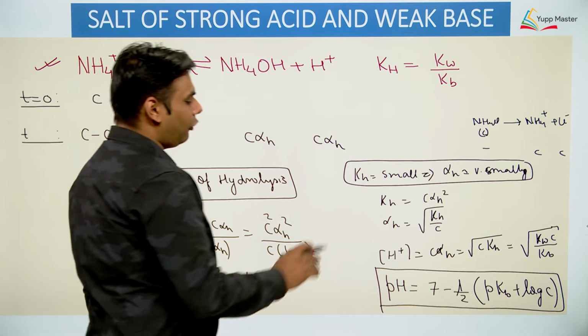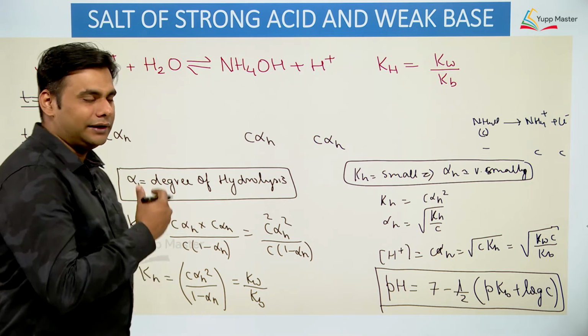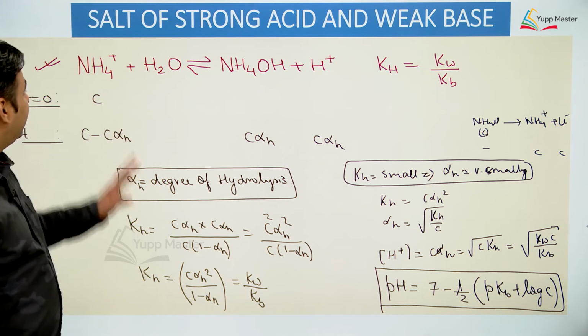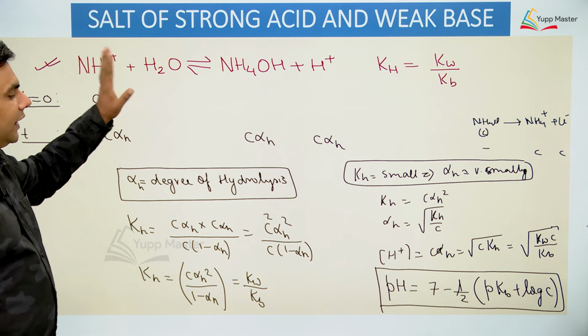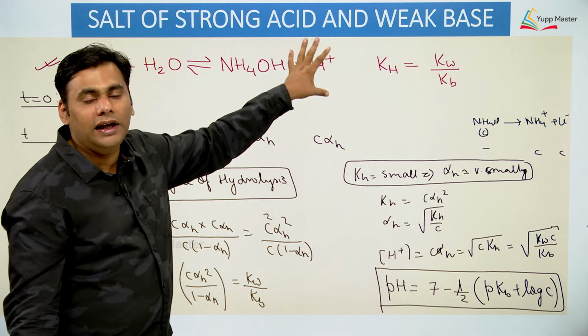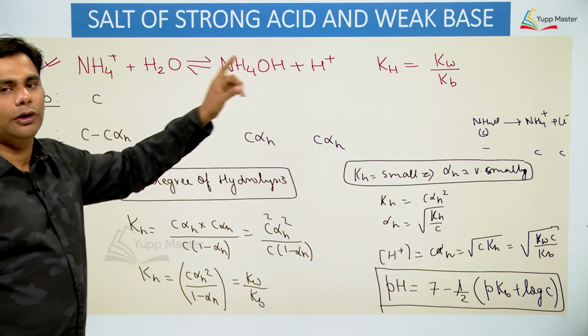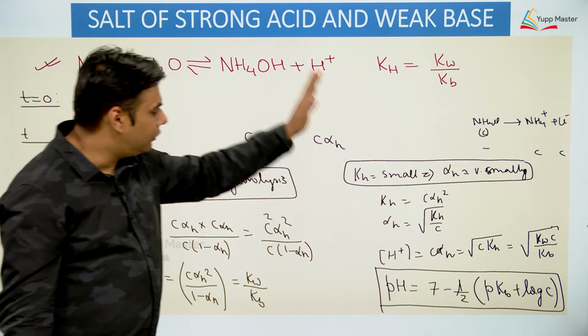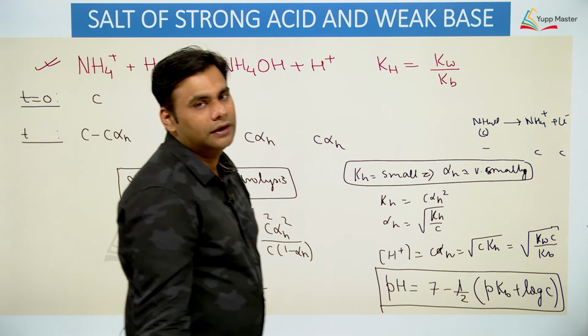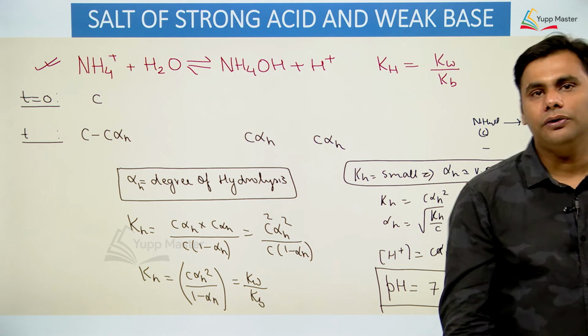There is a particular format to remember these formulas, which we will do when we have covered all the different types of salt. So basically the pH of a salt of a strong acid and a weak base will always be less than 7, because it is undergoing only cationic hydrolysis and it is producing H plus ion. So the value of pH in this case would be 7 minus half of pKb plus log C. This is the way you derive it.